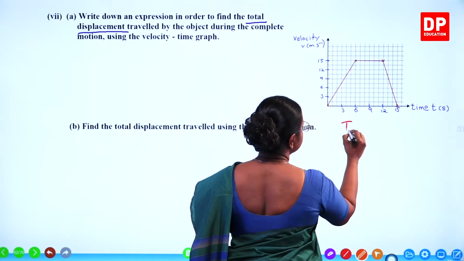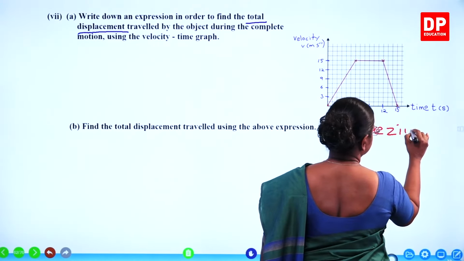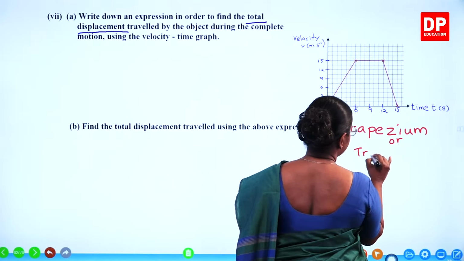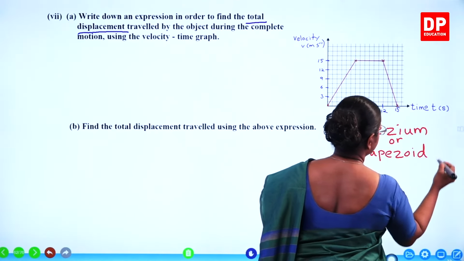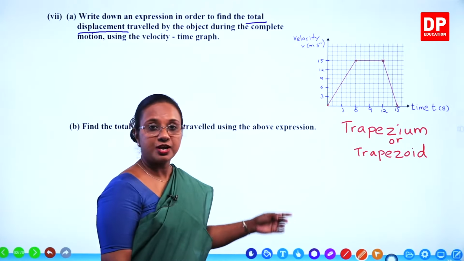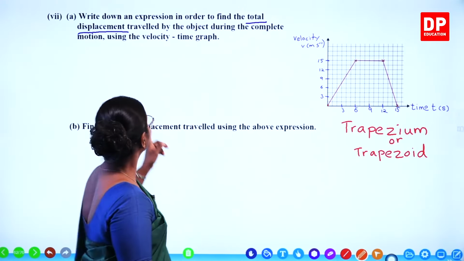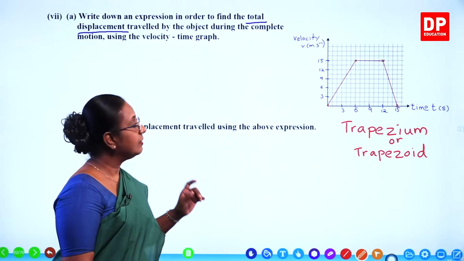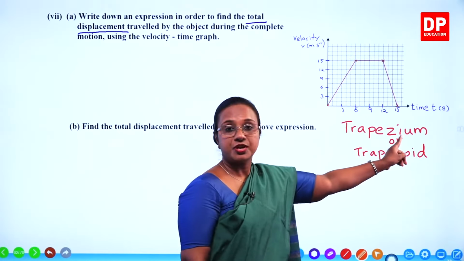The shape is a trapezium, or you can call it a trapezoid. It is either known as a trapezium or a trapezoid. So now to find the displacement of the complete journey, we will have to find the area under the trapezium.